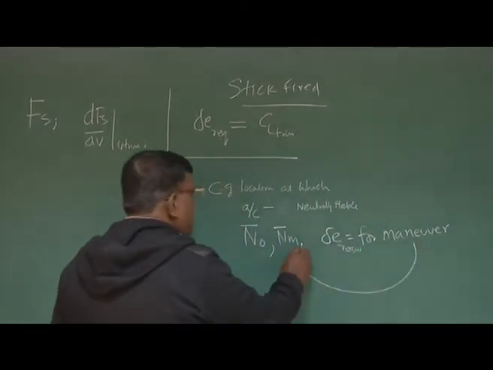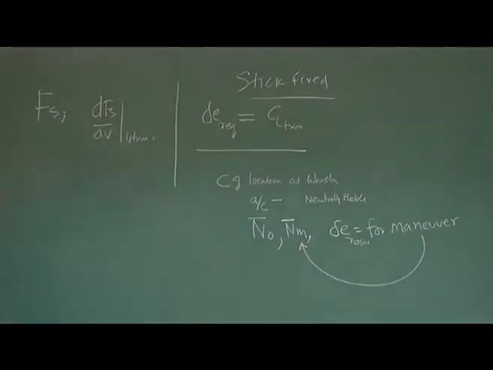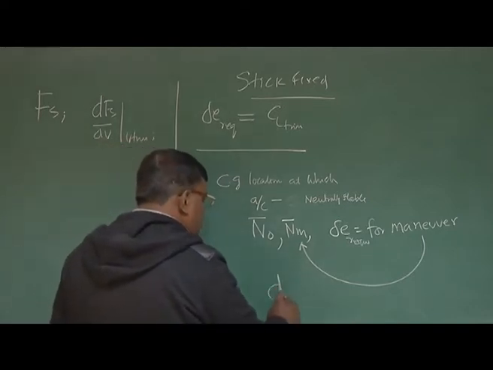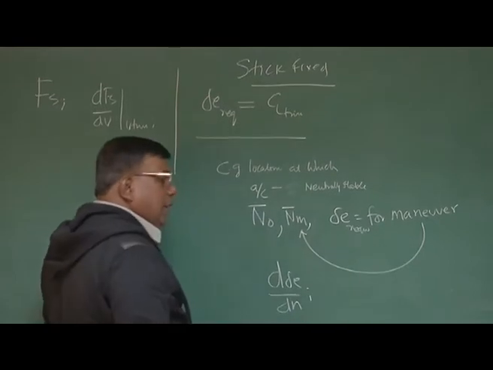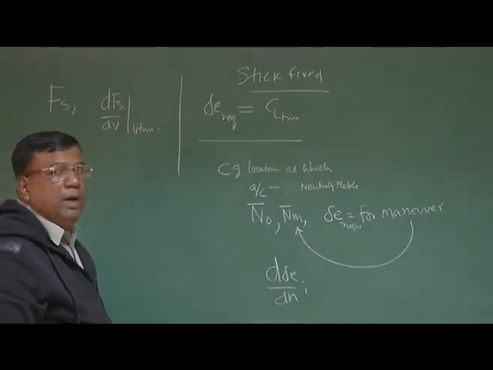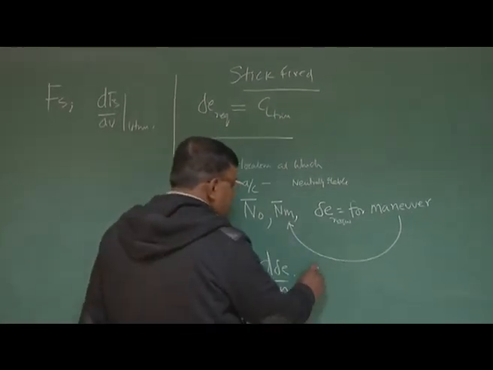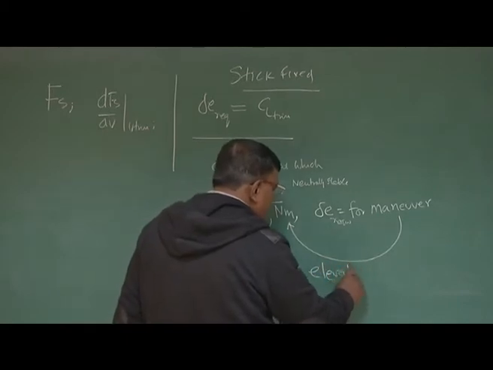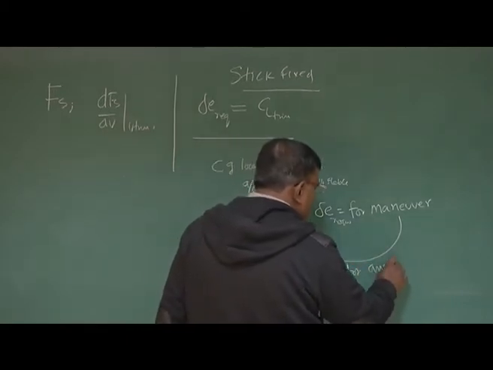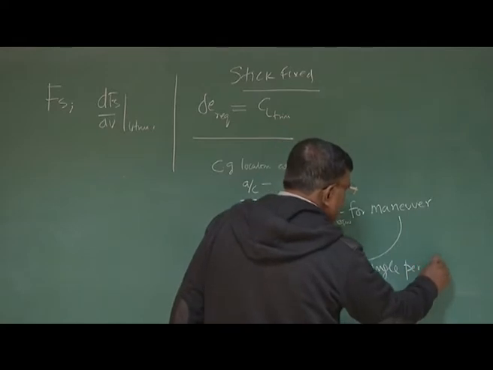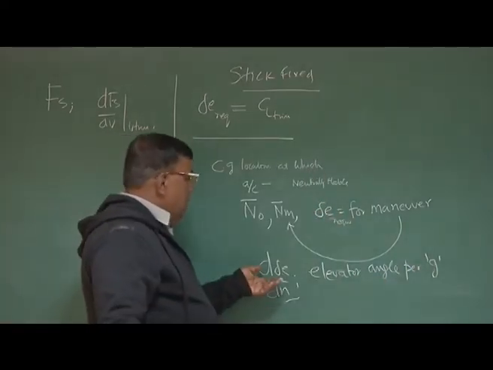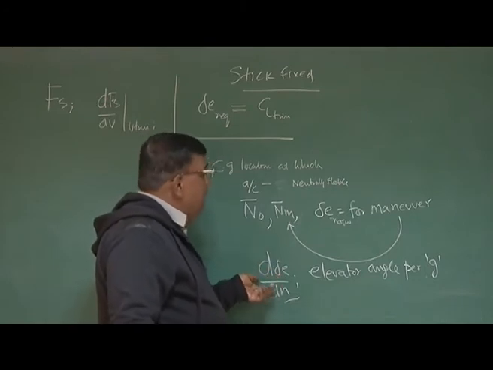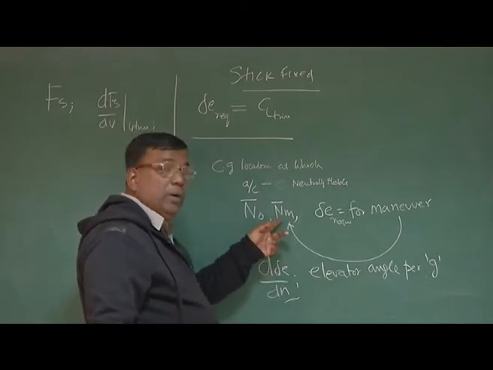From there we got the maneuvering point. We have also computed an expression d delta E by dn, and we try to interpret this as elevator angle per g requirement, right? And that is exactly what we used. We told that the CG location at which d delta E by dn is zero is the maneuvering point, stick fixed.